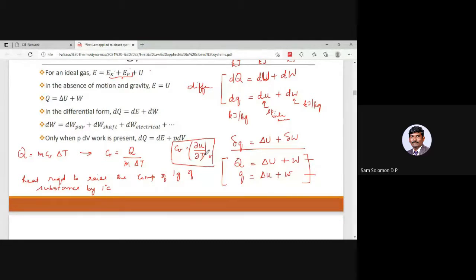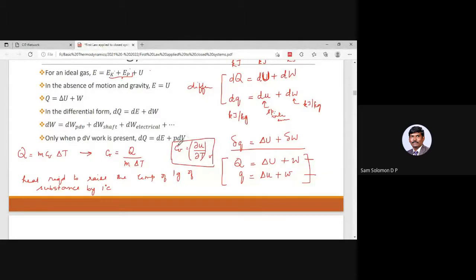Here I want you to observe something. If you look at this, specific internal energy, a couple of slides before, we saw that change in internal energy is a property. Temperature is a property. Specific volume is also a property. So all these on the right hand side are properties.